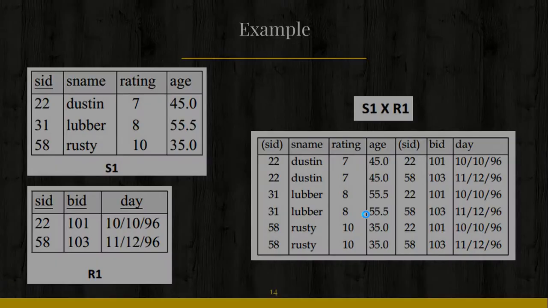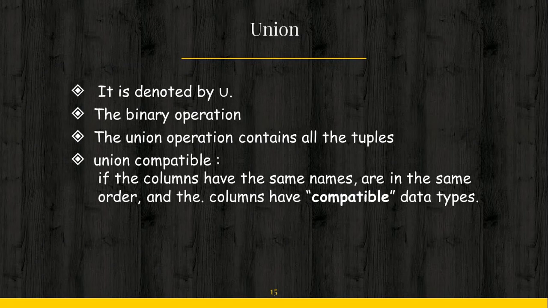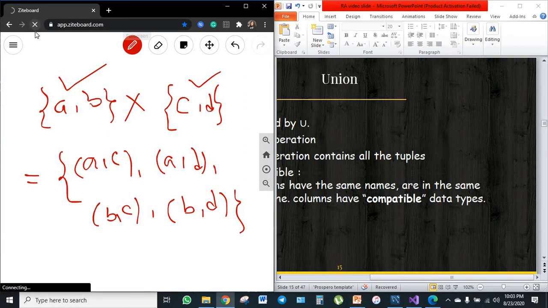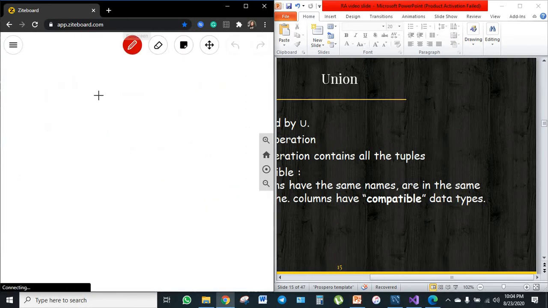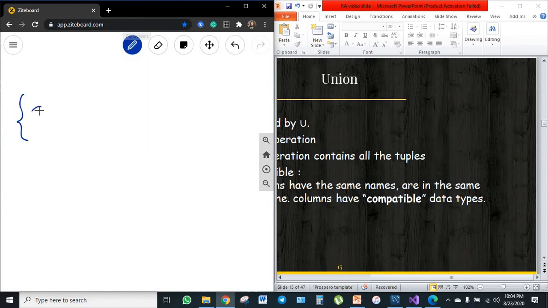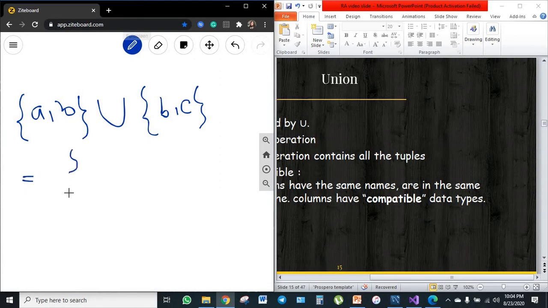Next, I am going to talk about the union operator. This is another important operator in set theory. Let's go back to the set theory. Say here is a set A, B and another set B, C. We want to do the union, and here is the result.